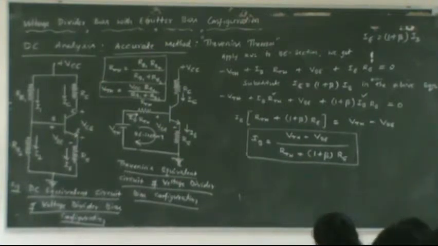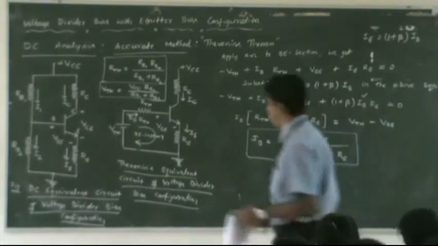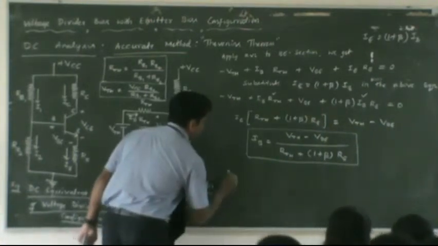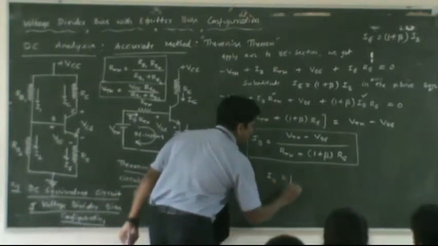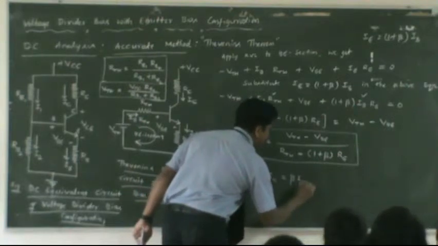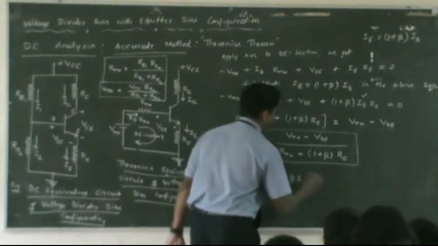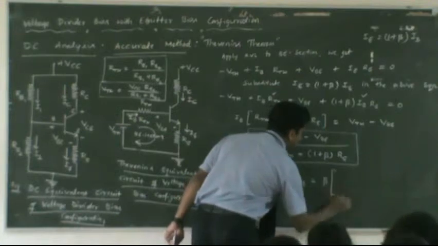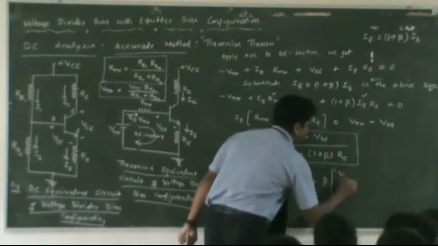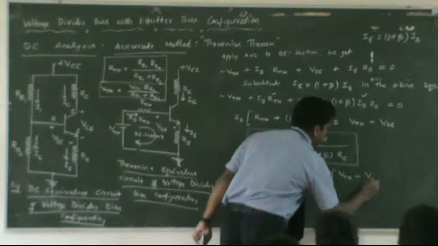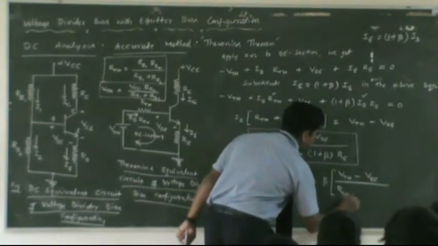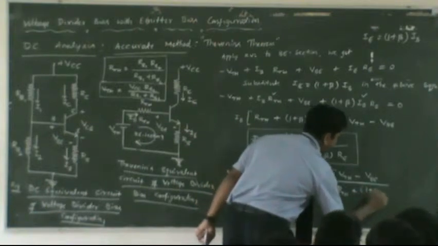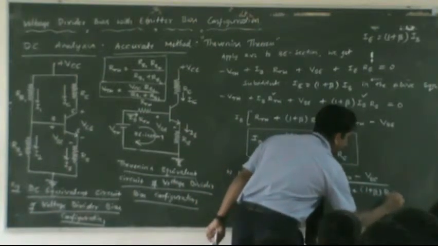Once we know the expression for base current, it is easy for us to calculate the quiescent collector current expression. So we know that IC, the collector current, is equal to beta times IB, which is equal to beta, which you can keep outside as a gain factor, times VThevenin minus VBE divided by RThevenin plus 1 plus beta times RE.